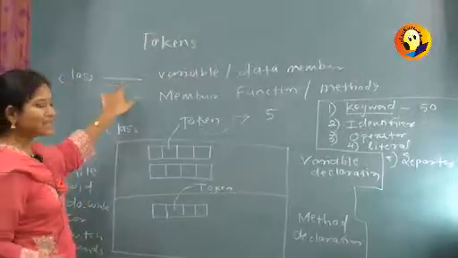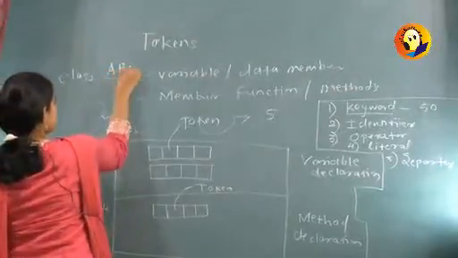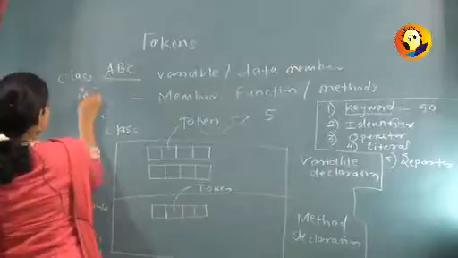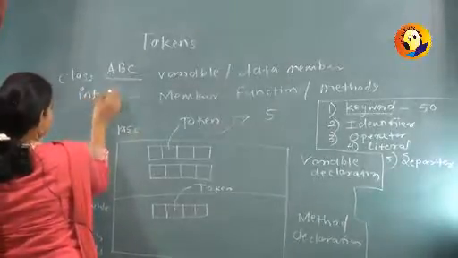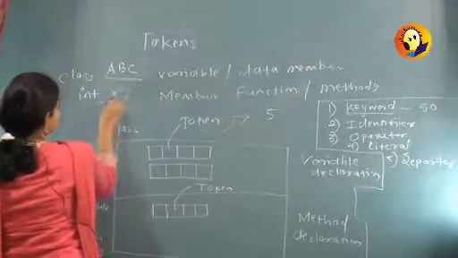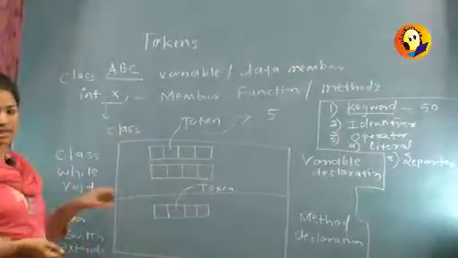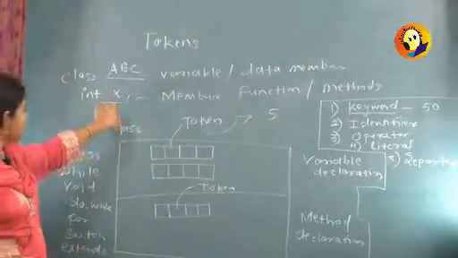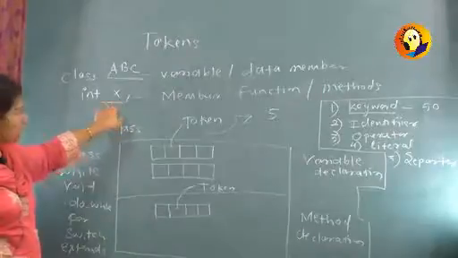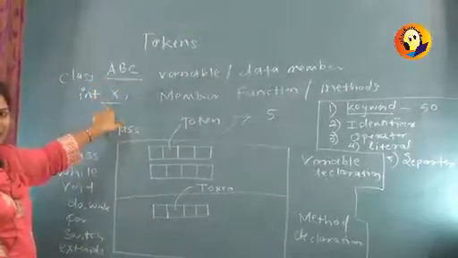For example, the class name, let's say ABC. Or if you want to declare any data member or variable, int x, then this x is also called an identifier, as it is decided by the programmer.